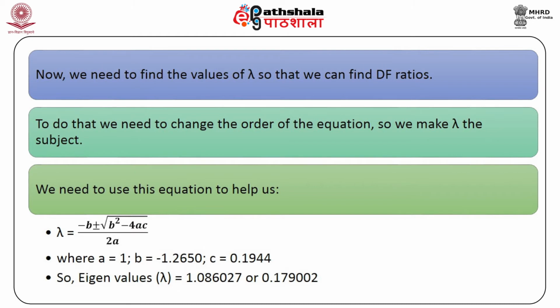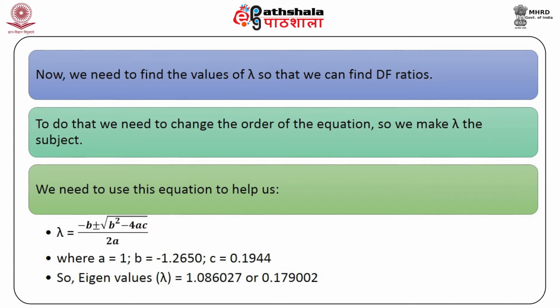Now, we need to find the value of lambda so that we can find the DF ratios. To do that, we need to change the order of the equation. So, we make lambda the subject. We need to use this equation to help us. So, the equation to find the roots of a quadratic equation, which we are aware of, is shown here, and the values are substituted: A equal to 1, B equal to minus 1.2650 and C equal to 0.1944.